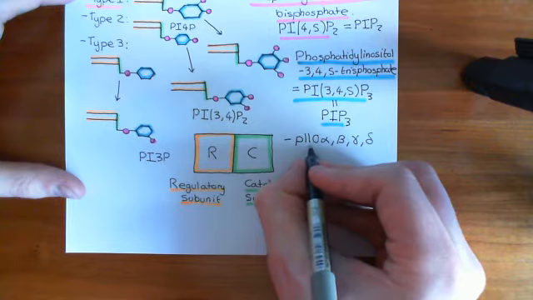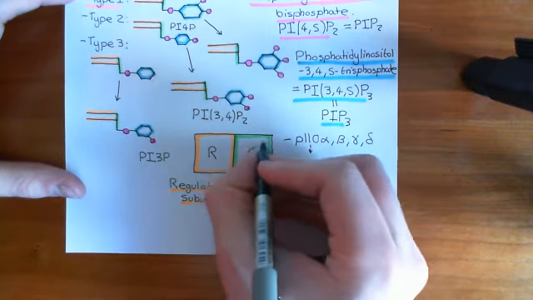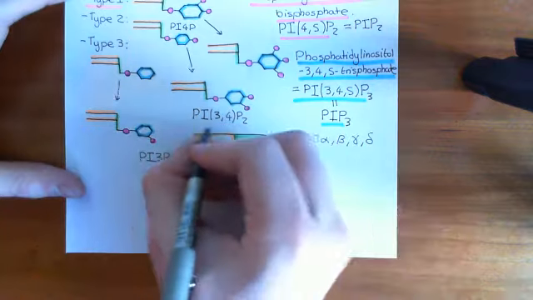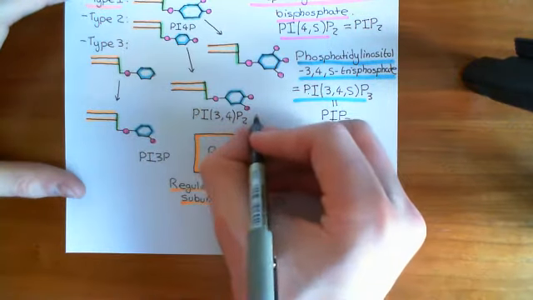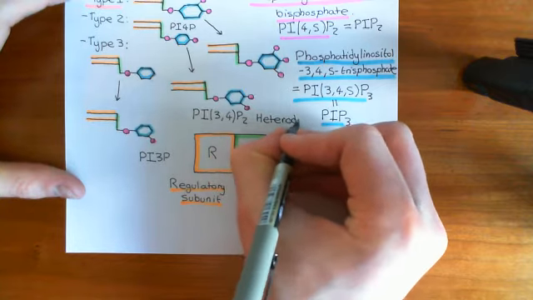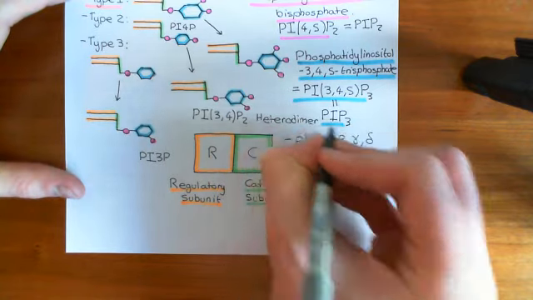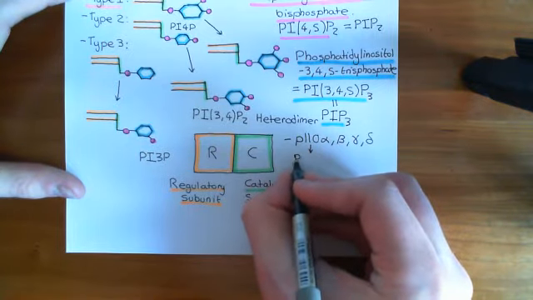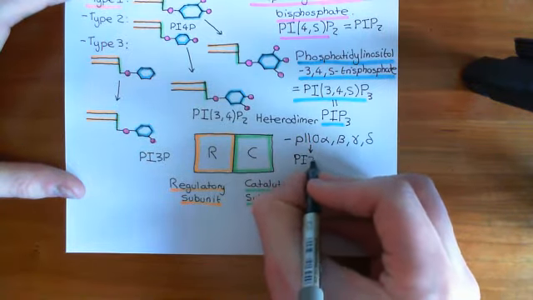So if you use P110 alpha as the catalytic subunit here, then the whole enzyme, the whole dimer, and it's called a heterodimer because you've got two different subunits dimerized together, is called a type 1 PI3 kinase alpha.